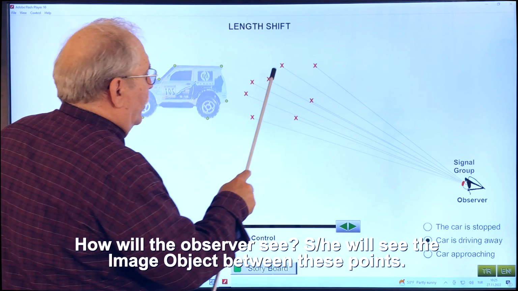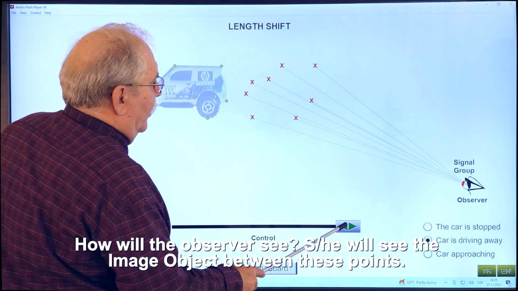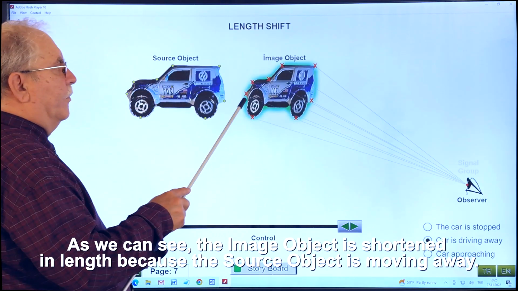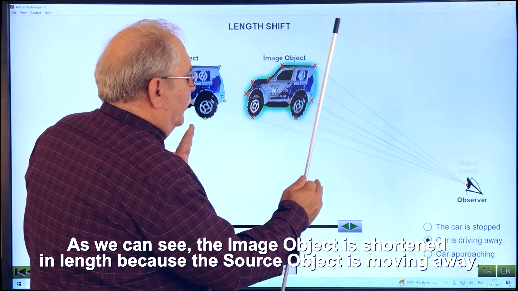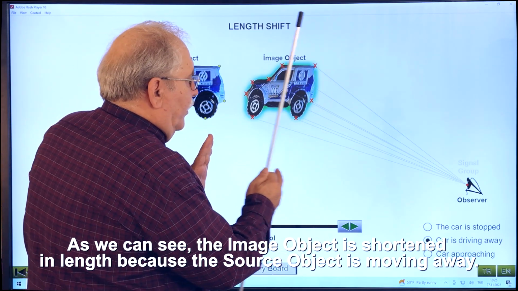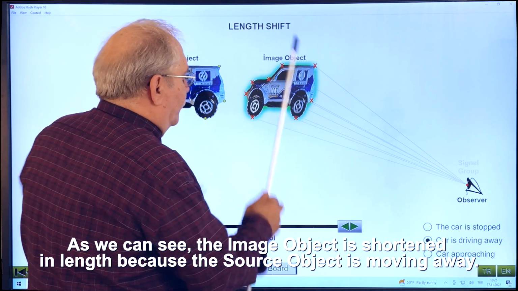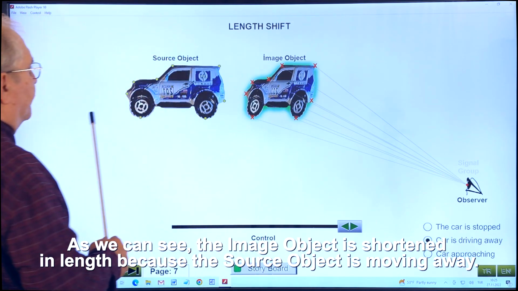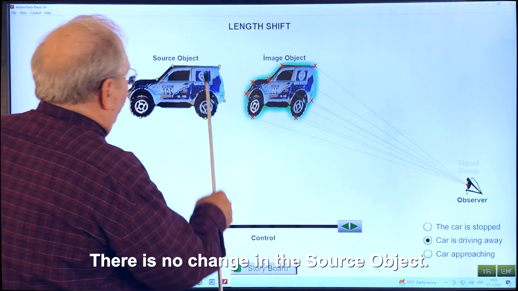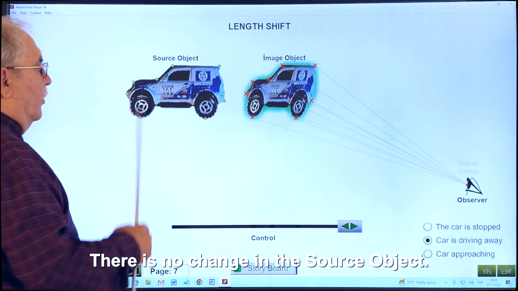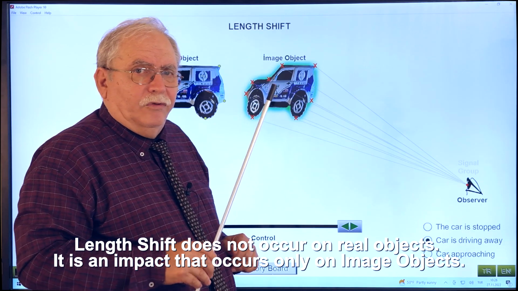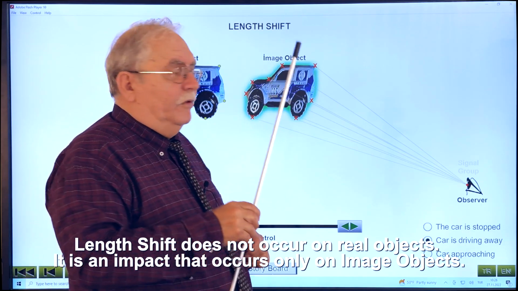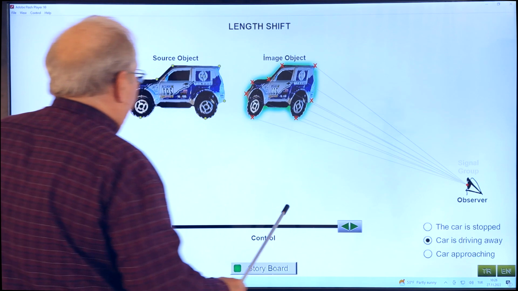She or he will see the image object between these points. As we can see, the image object is shortened in length because the source object is moving away. There is no change in the source object. Length shift does not occur on real objects. It is an impact that occurs only on image objects.